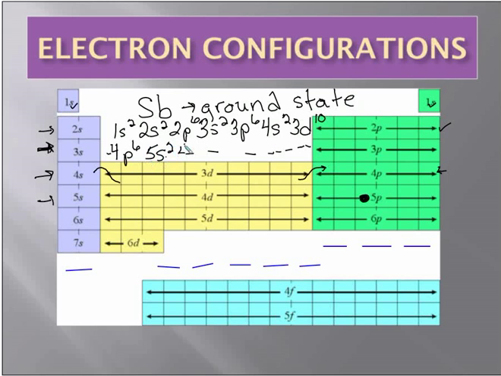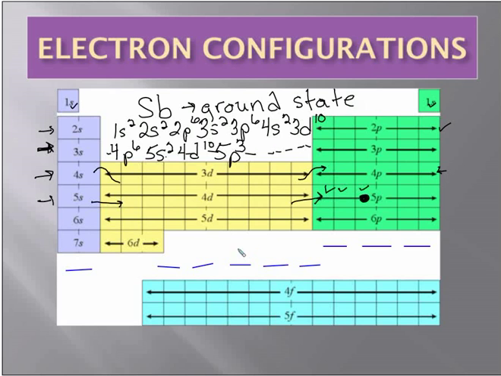Then we do 5s2, 4d10. I'd go from here to here. Now I'm in the 5p block, 5th period p block, and I'm only going to go in 1, 2, 3 spaces. So I'd have 5p3.